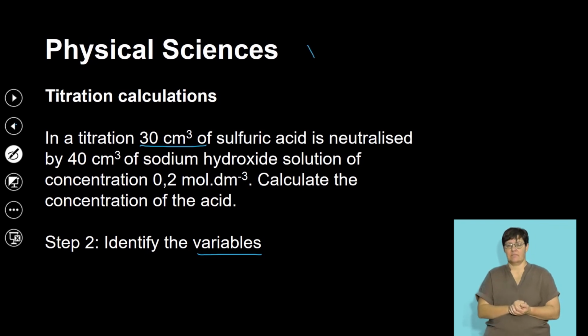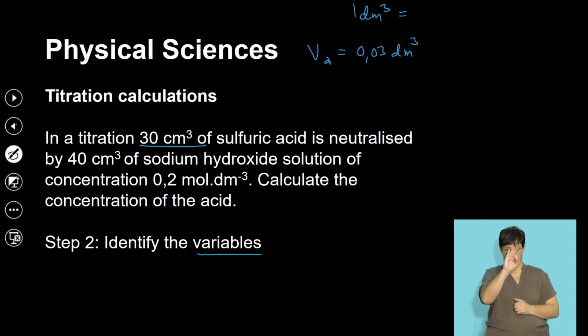Let's quickly do the conversion to SI units, because we know concentration is in moles per cubic decimeter. So 30 cubic centimeters, which is the volume of acid, is the same as 0.03 cubic decimeters. We divided that by 1,000. But where does that come from? 1 cubic decimeter is equal to 1,000 cubic centimeters, right?